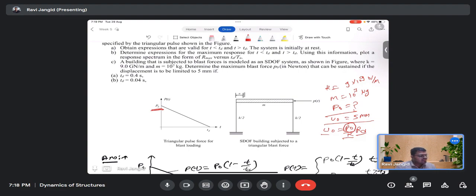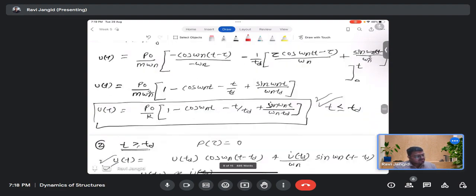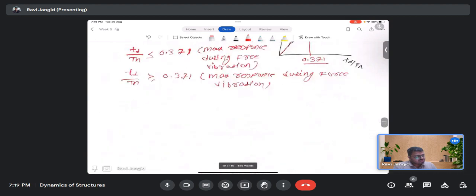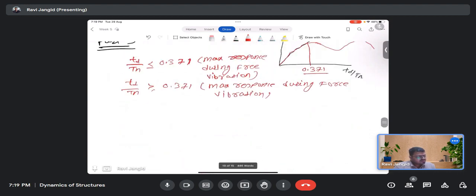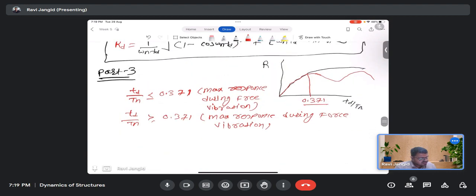Let me write this data down so that it won't be difficult for you. K is given as 9 into 10 raised to power 9 Newton per meter. Mass is given as 10 raised to power 7 kg, and U naught is given as 5 mm.